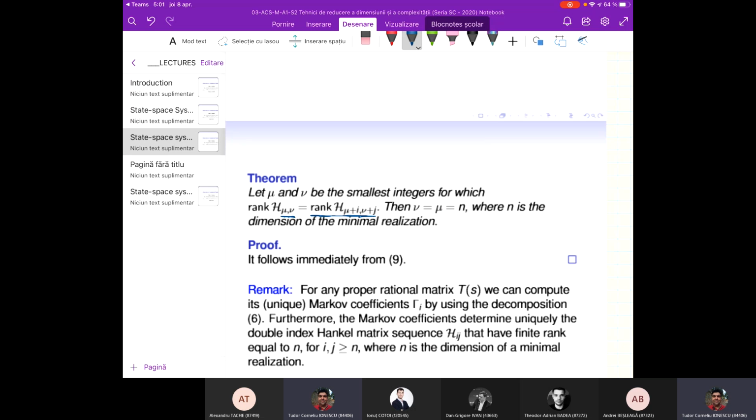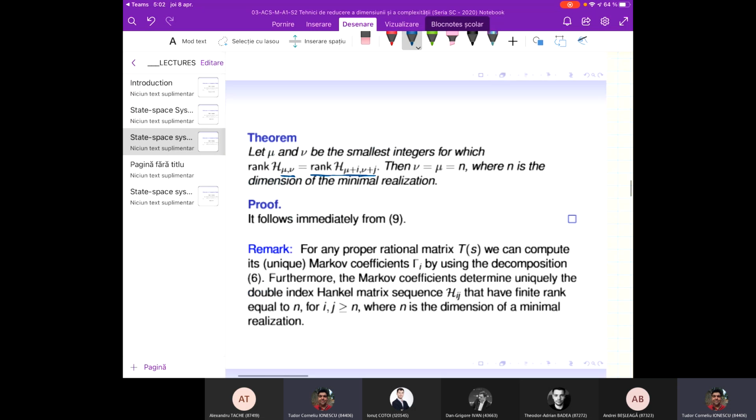You have to look at the Hankel matrix. The Hankel matrix is the key to determine the minimal realization for any ABCD system. If you have any questions, please say if it's clear or not to you. It's clear. Okay, so this is where you have to look.